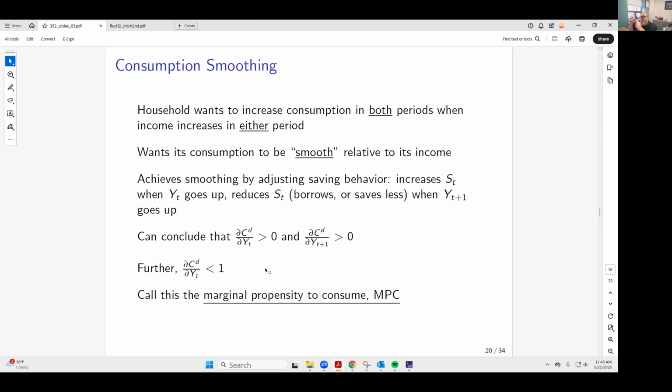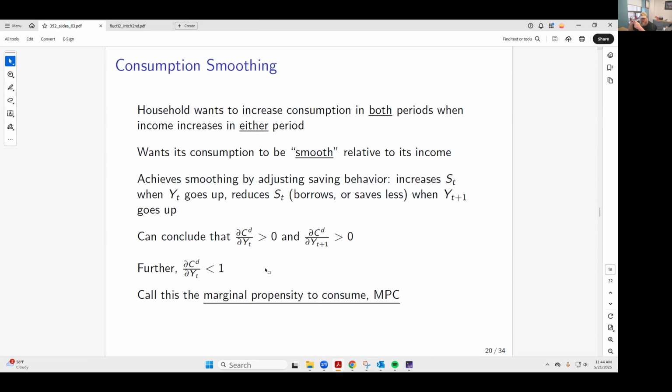So in other words, there's not a one-for-one increase in income and the demand, right? And the reason is, let's say, for example, that I earn an additional dollar in the current time period. Because I'm going to want to smooth my consumption, I'm going to consume some of that dollar today, and I'm going to save some of that dollar for the next time period.